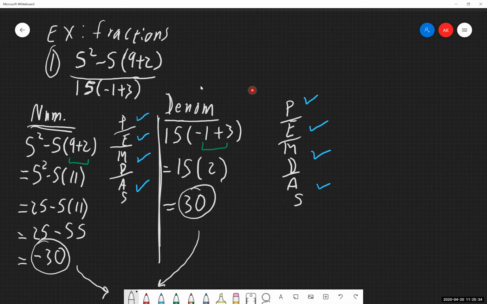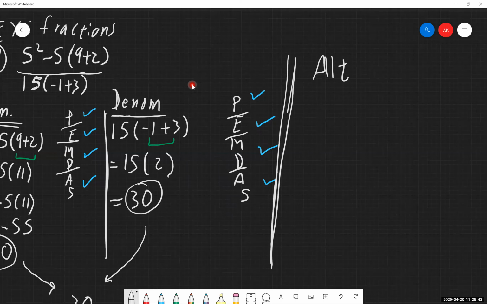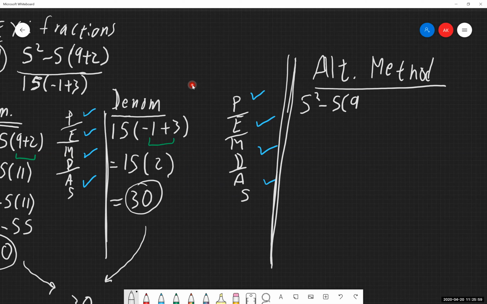So I'm going to move us over here, and we'll go through an alternative method. Okay, so we'll keep everything. I'm just going to rewrite the problem over here, and we'll go through it using this other method. Again, I'm just going to detail out and show both of these with the first example. I'll use just one on the future problems we're going to go with.